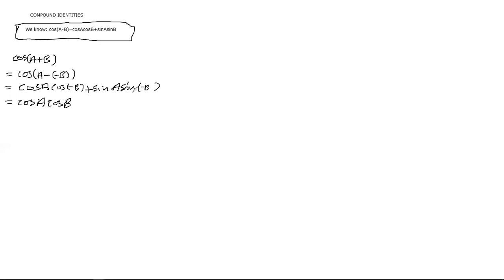A negative angle for sine will just be that, and they usually say sine is an odd function and cos is an even function. But of course, we've used the Cartesian plane to prove the negative angles. So that's it. We are done. End of proof.